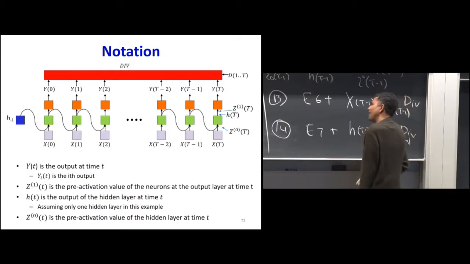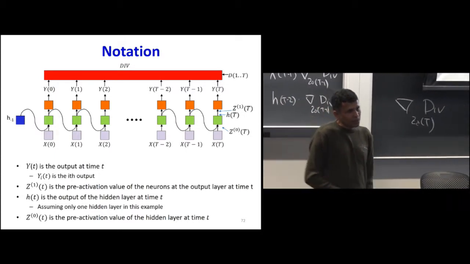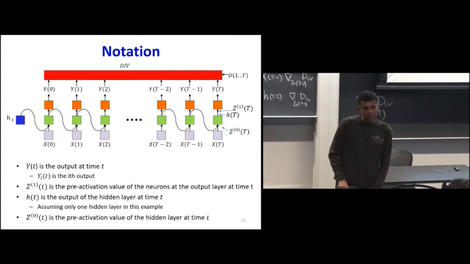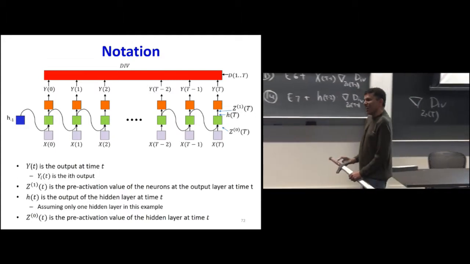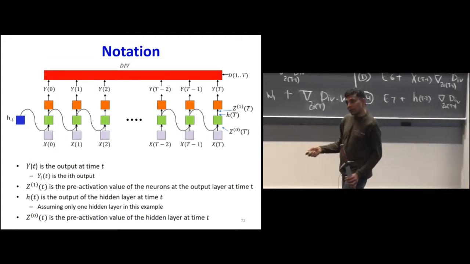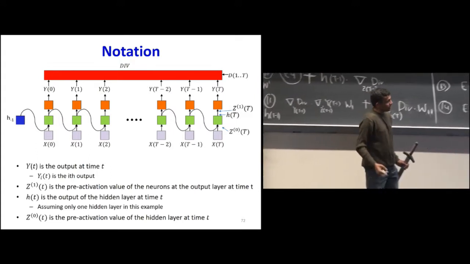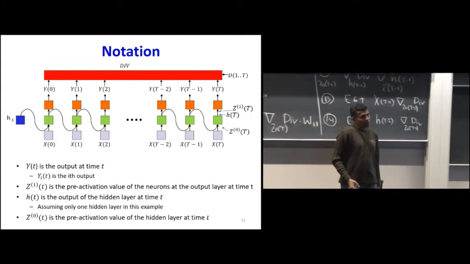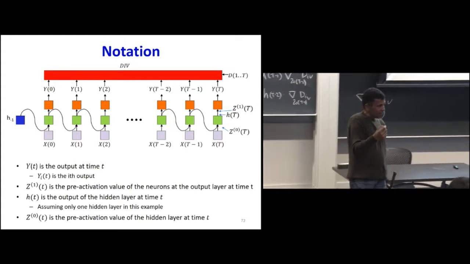If I put you on the spot and give you many cups of coffee over the rest of the week, we'd work our way backwards. But the equations are going to be exactly the same. You're going to go from t minus 1 to t minus 2, t minus 2 to t minus 3. The point I was trying to make is that when you're working your way backwards, two things happen.